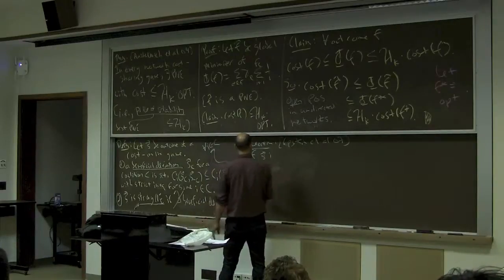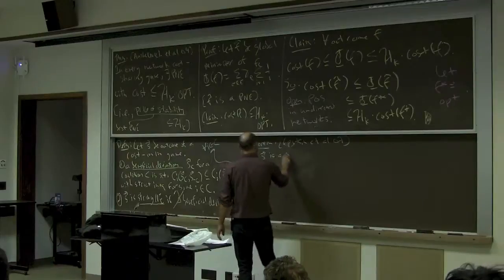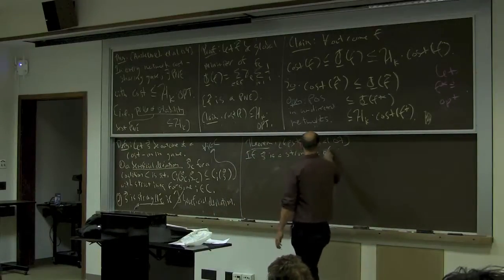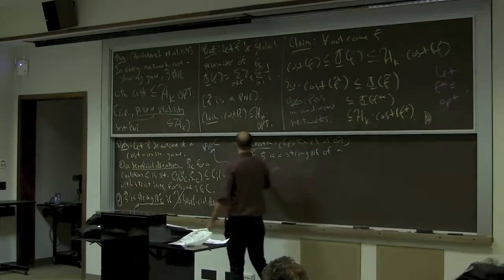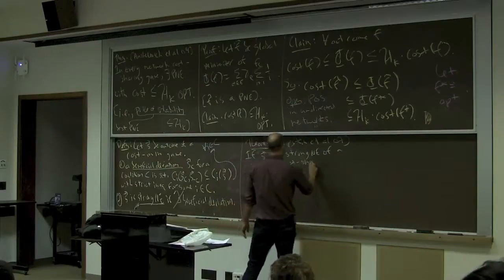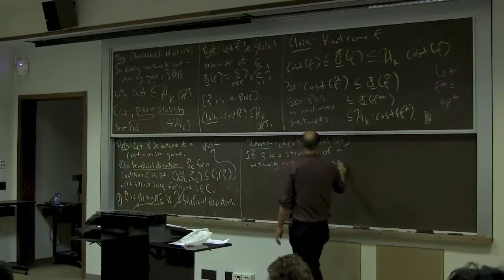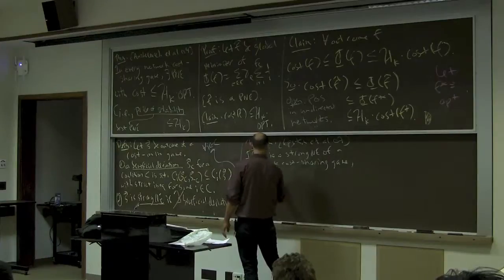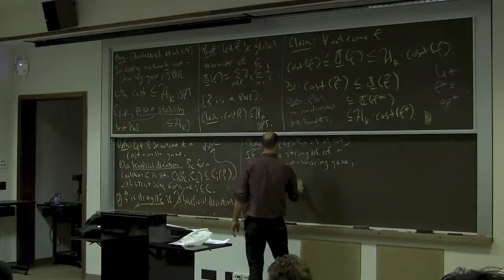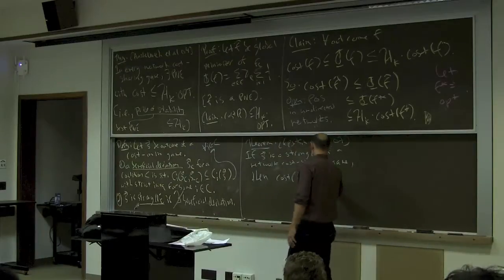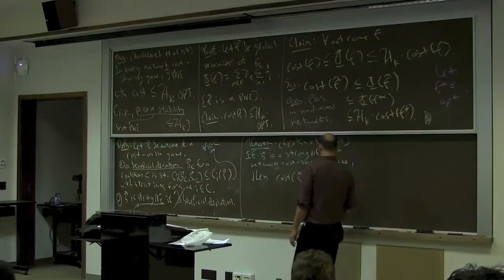If you have a strategy that's a strong Nash equilibrium of a network cost-sharing game, then the cost of this strong Nash equilibrium is at most H sub k times OPT.